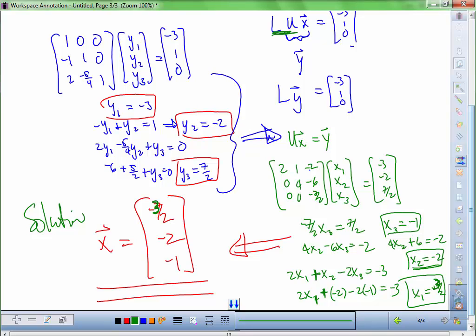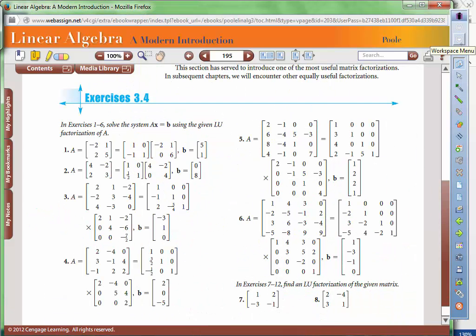All right, so that's one use for it, but I want to go back to the idea of how to get the LU factorization to begin with. So let's do another example, and let's do that shortcut method instead of having to look for all those elementary matrices.